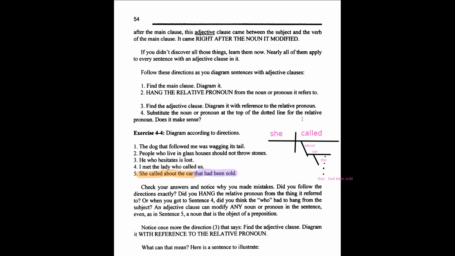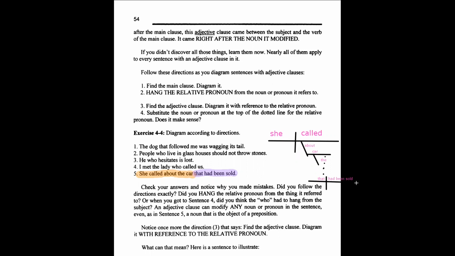Okay, and then we diagram it. That had been sold. It's gone off the edges, but you get the principle. The that is being dropped down from car, and then I diagram that adjective clause just like I normally would with a normal clause.